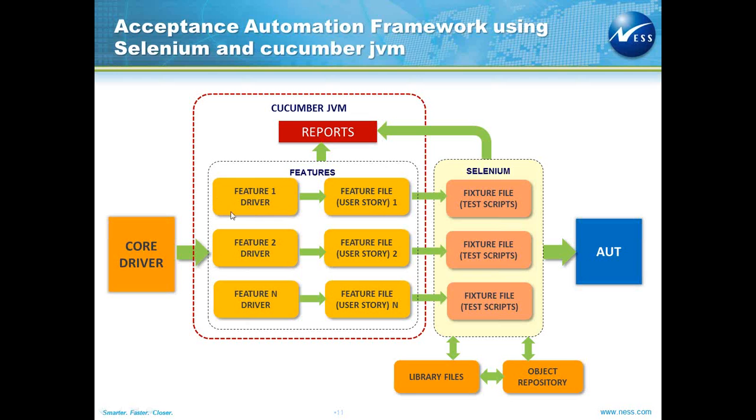So for each user story you can have a single feature file, or multiple stories can be there in a single feature file as well. After the core driver there is another driver, which is a feature driver, which will tell which exactly features you want to execute.